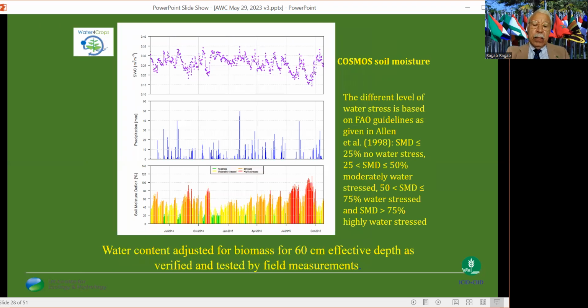In our experimental field, we applied the COSMOS, and here you have the COSMOS soil moisture in response to the rainfall of that period, and we could color code the soil moisture deficit. When it is green, it means no need to irrigate. When it's yellow, very mild stress, and when it's orange or red, it is an indication that we might need to irrigate.